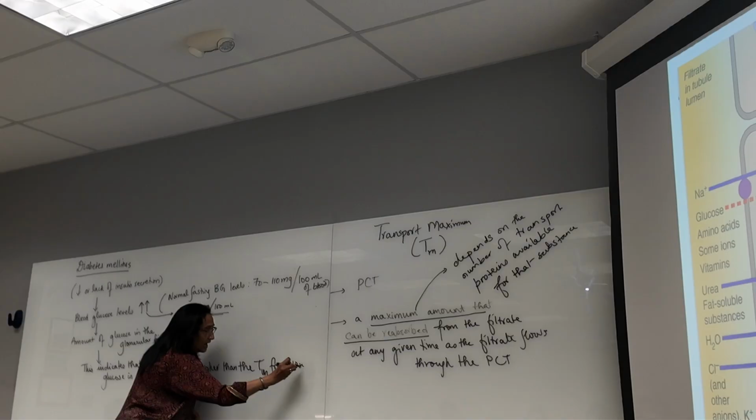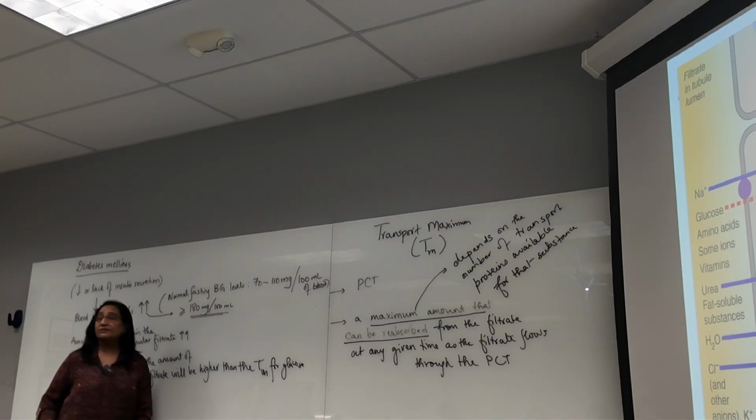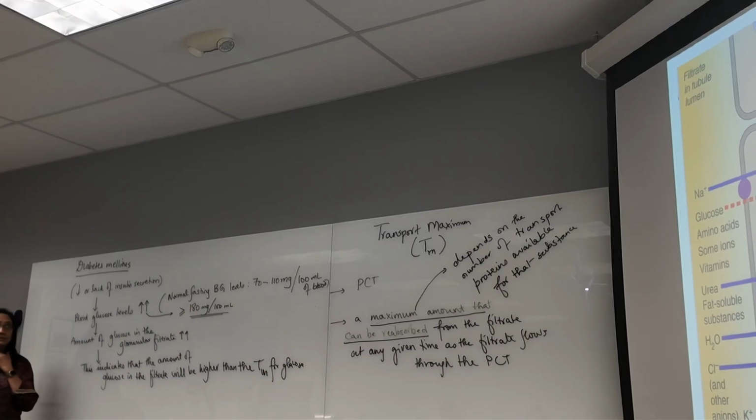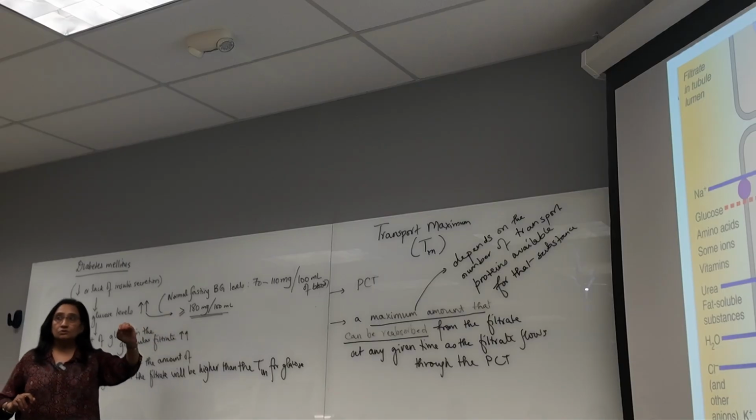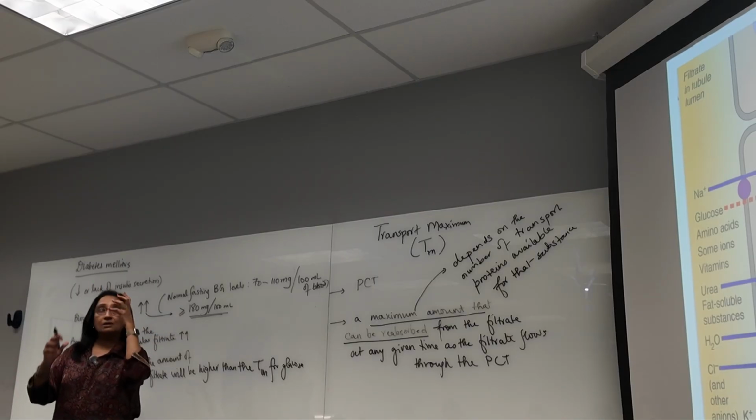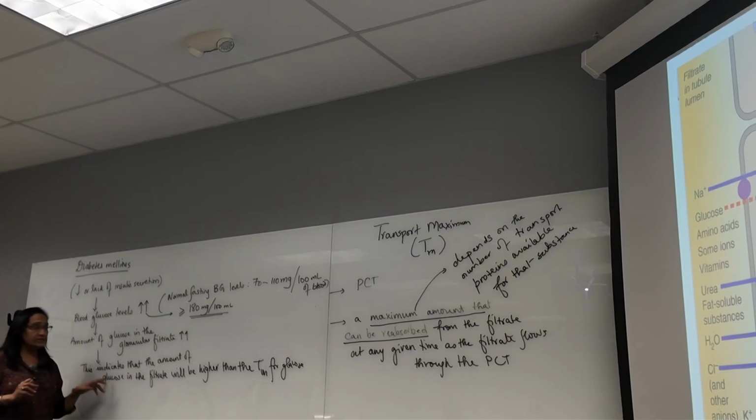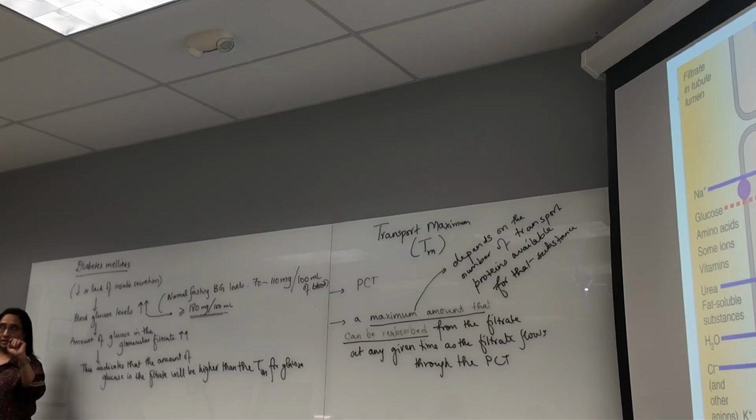So it's going to be higher than what the PCT can reabsorb. The moment the blood sugar level goes above 180, that means a lot of glucose gets filtered, and it is definitely going to be more than what the PCT can handle.